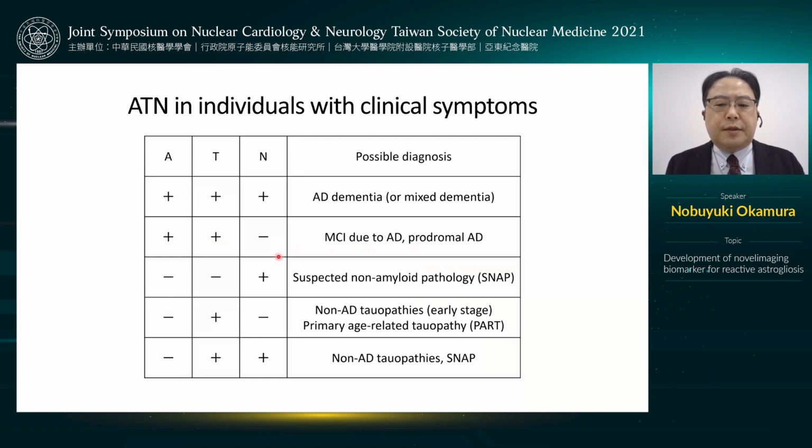If a patient is amyloid negative but neurodegeneration positive, they are classified as suspected non-amyloid pathology, called SNAP.